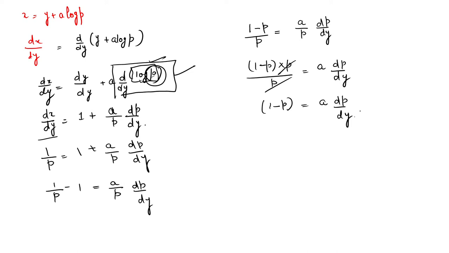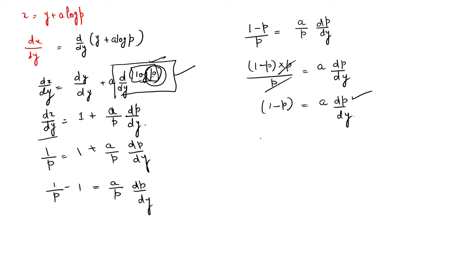If I want to move further, it means that I can easily solve this by using the variable separable method. So in the variable separable method, the terms which contain p come on one hand side, the terms of y come on the other hand side. In this case, there are only terms which contain p, so dy goes on the other hand side.